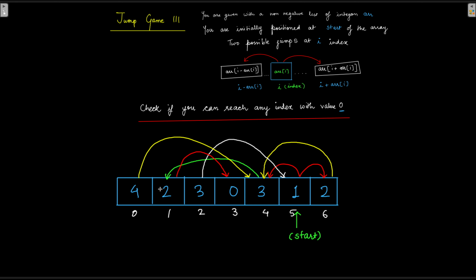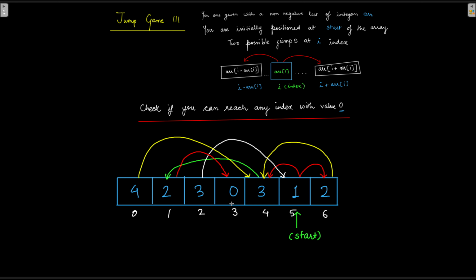Now from here, we try to see where can we go. Again, 1 minus 2 is outside the boundary of this array. We cannot go there. 1 plus 2 is going to be 3, and 3 contains an element that is 0. So this is where our search ends, and this is exactly what the question was asking as well.